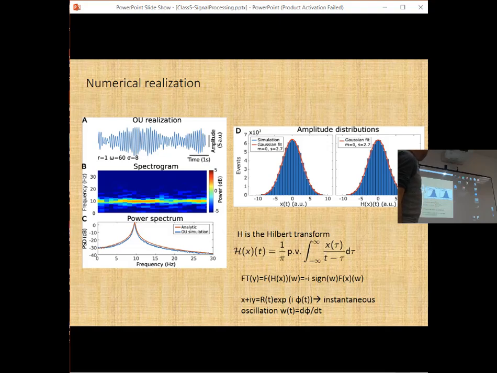Okay, and finally I explained last week that if you have a signal, you can get from the Hilbert transform, which in the Fourier domain is just multiplying the Fourier transform of the original signal by the sign function, a pi over 2 phase change with a minus, a way to form the envelope. When you have a signal x plus i y, you can write it in the complex plane as the radius and the phase, and the derivative of the phase gives you the instantaneous oscillation.